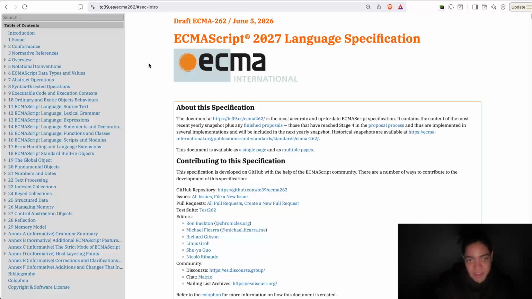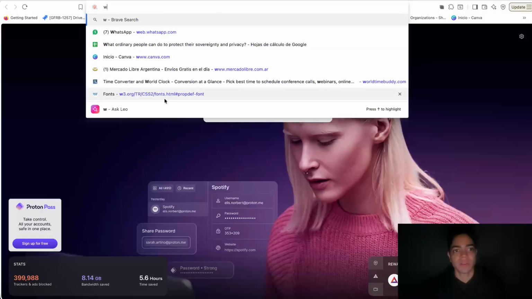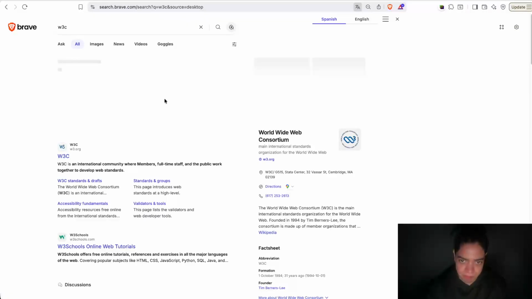In our case is the browser, right? You also have different specs. So for example, the CSS here, or the W3C, right?